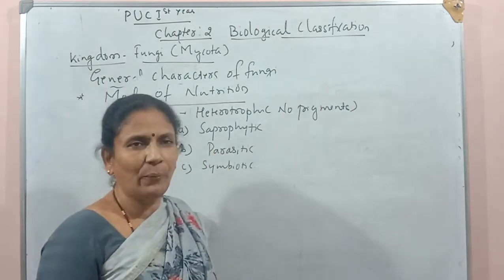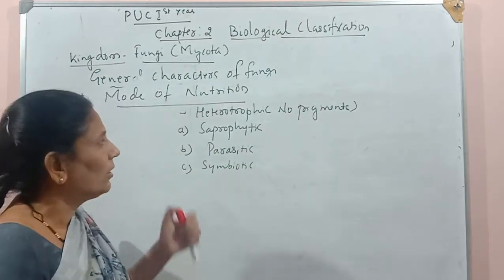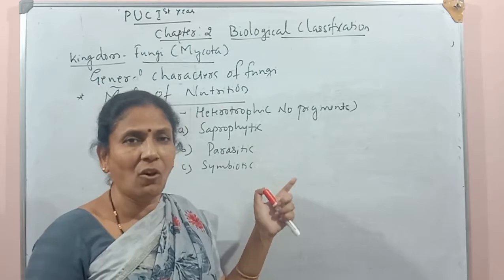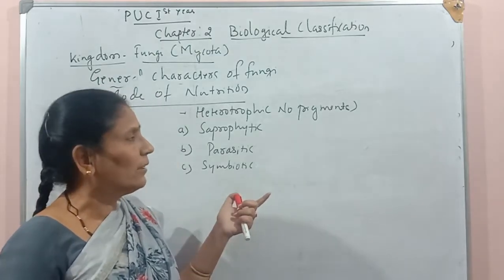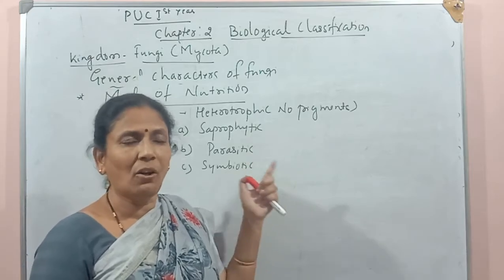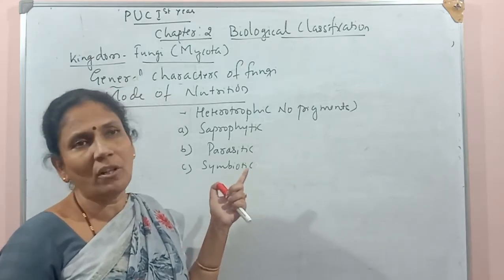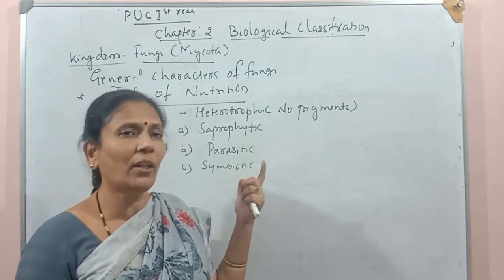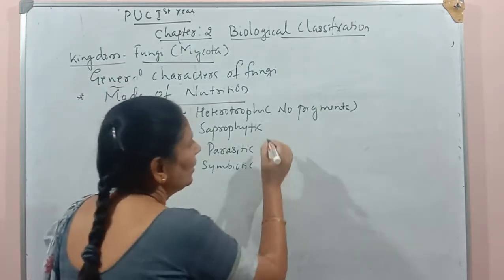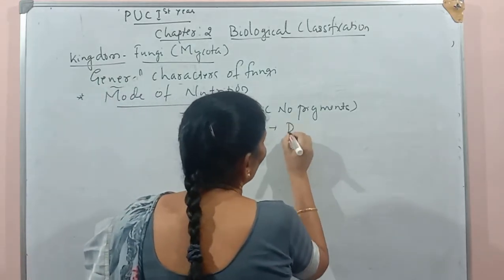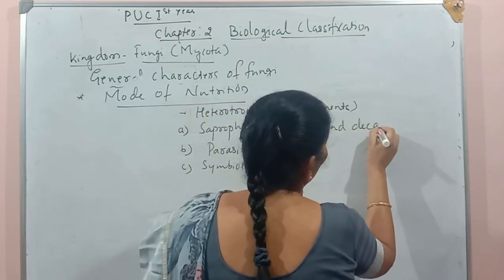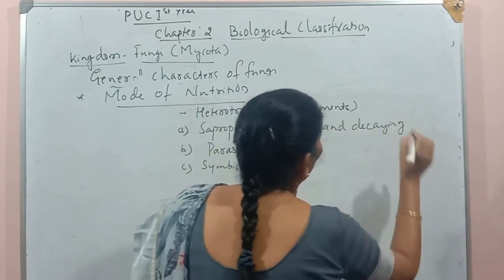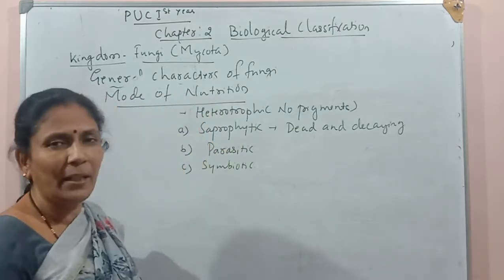The meaning of saprophytic is the fungi depend on another organism for their food, but the host is dead or decaying parts of the plant or animal bodies. Means they get food from dead and decaying parts of plant and animal bodies.